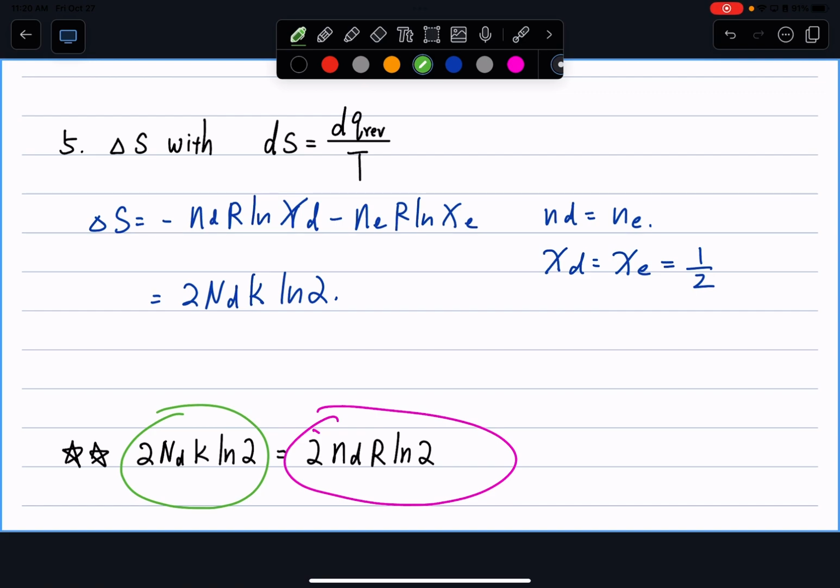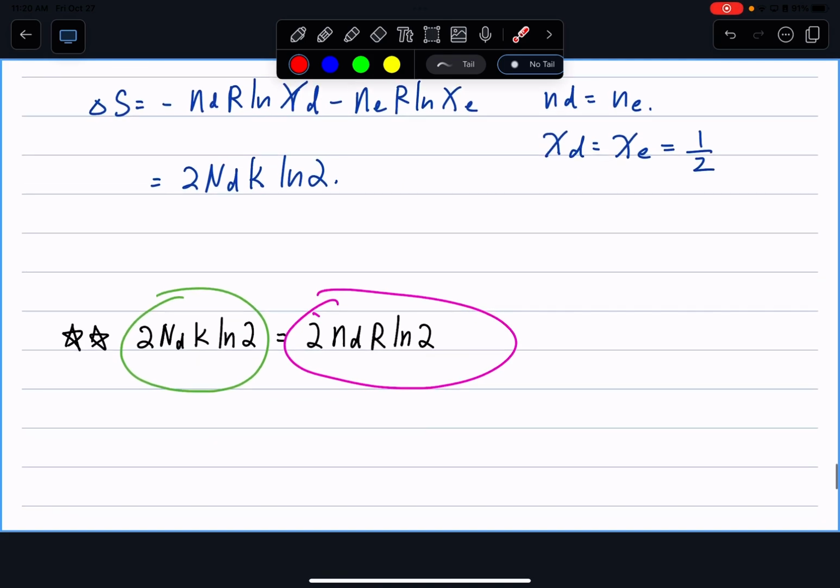All right, so that capitalized N is the number of molecules of D, and we used it in our probability derivation. And here, the number of moles and the gas constant are used when we're using the dS equals dq reversible over T derivation. Taking together what we have, it becomes quite obvious that N k equals n_D R. So here, your number of moles of D equals the number of molecules divided by the Avogadro number, and these will cancel out.